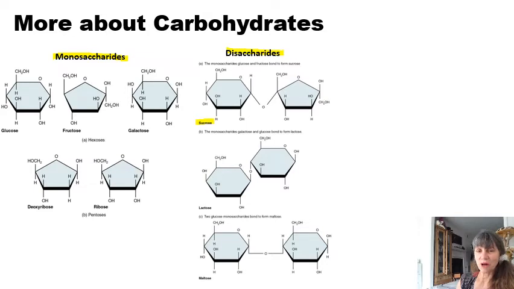Sucrose is formed by joining together glucose and fructose by way of dehydration synthesis to form that disaccharide. Lactose is a disaccharide formed by the joining of galactose and glucose. When we form maltose, that is the product of joining 2 glucose monosaccharides together.